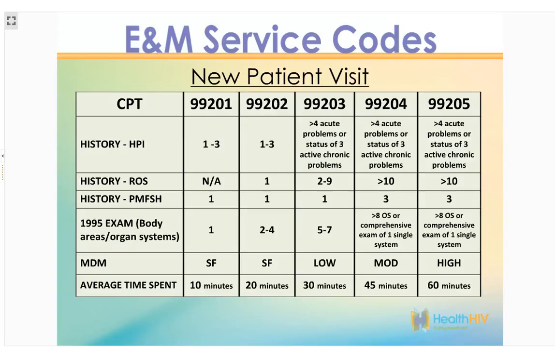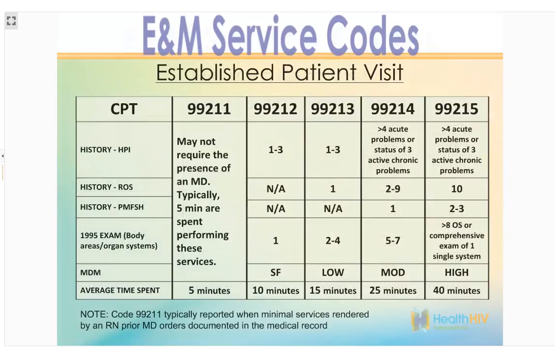And then the 99202 is an expanded problem-focused history with an expanded problem-focused exam with straightforward medical decision making. So the numbers that you see here on the slide correlate to elements that are documented in the medical record that us auditors look for when we come in to do a chart review.